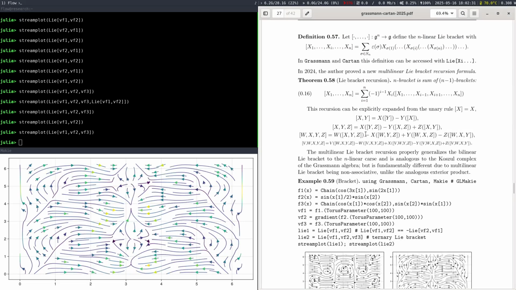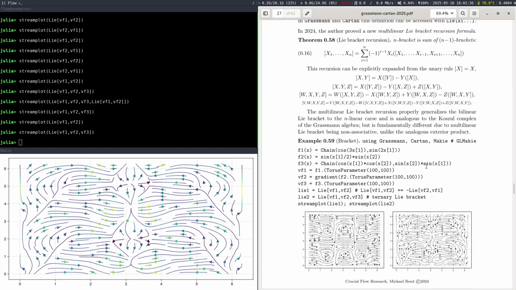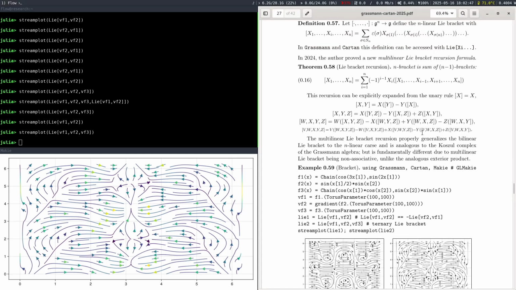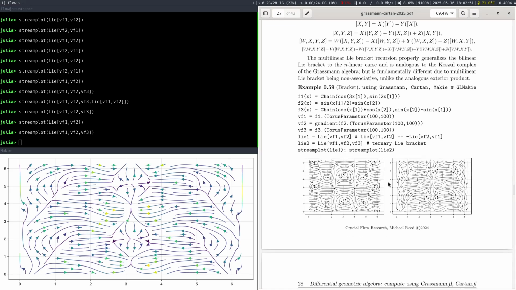And I don't believe the multilinear Lie bracket is a new idea, right? So the Cartan TensorField implementation with the geometric algebra and everything is a new thing, and the multilinear Lie bracket is like a new thing I proved with the multilinear Lie bracket recursion formula, and I don't think all these kinds of features have existed in other programming languages, at least in scientific computing.